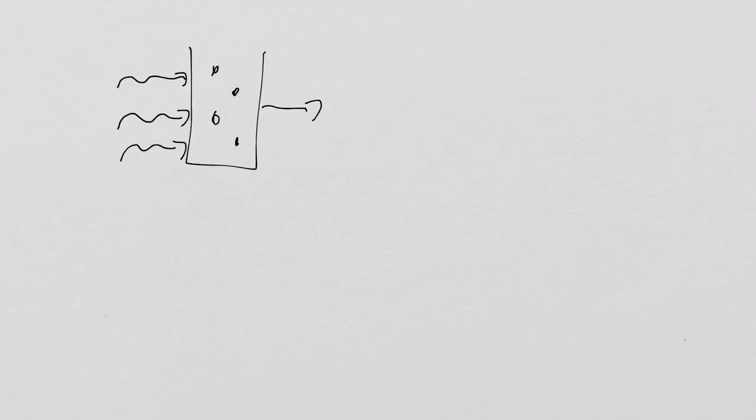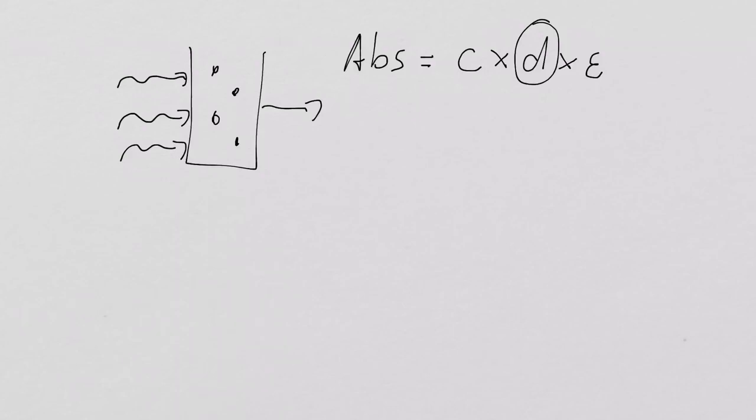So you measured the absorbance, and we know absorbance equals concentration times D times epsilon. If we've got D, which is usually 1 centimeter, and if we've got the extinction coefficient, we can very easily calculate what our concentration is.